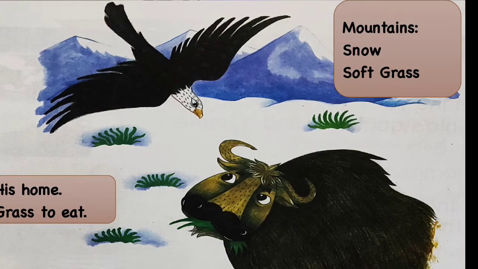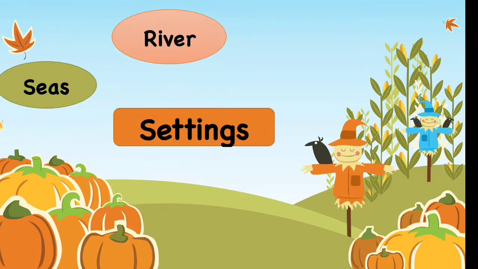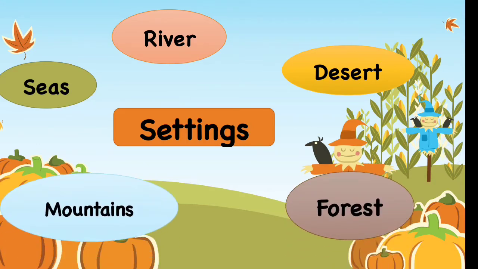So, let us review once again, if you still remember the places that Gola visited. These places are the sea, the river, the desert, the forest, and the mountains. So all these 5 places that Gola visited are called settings.